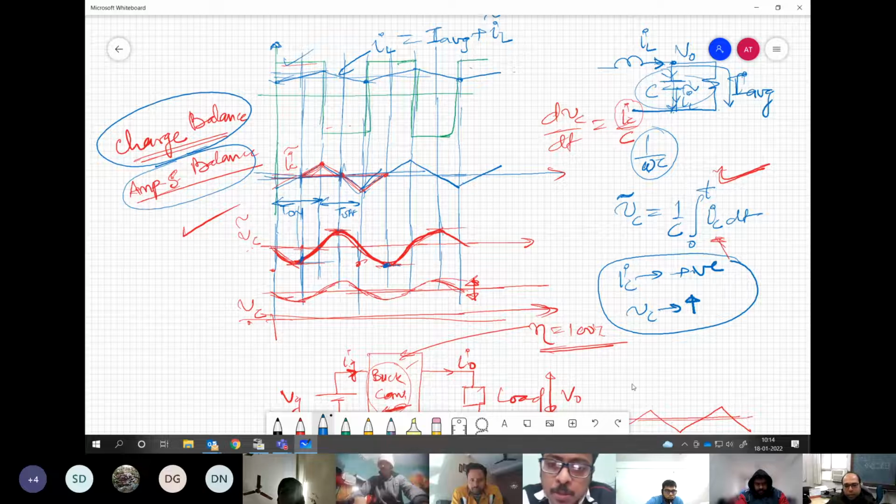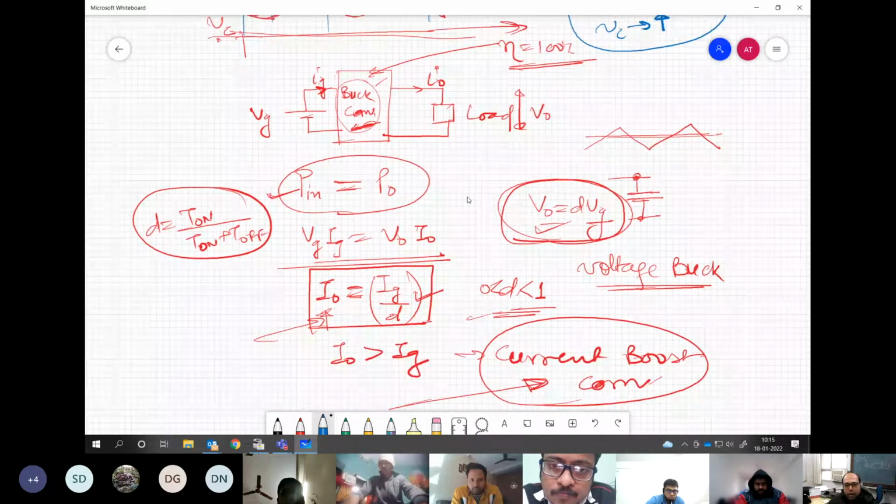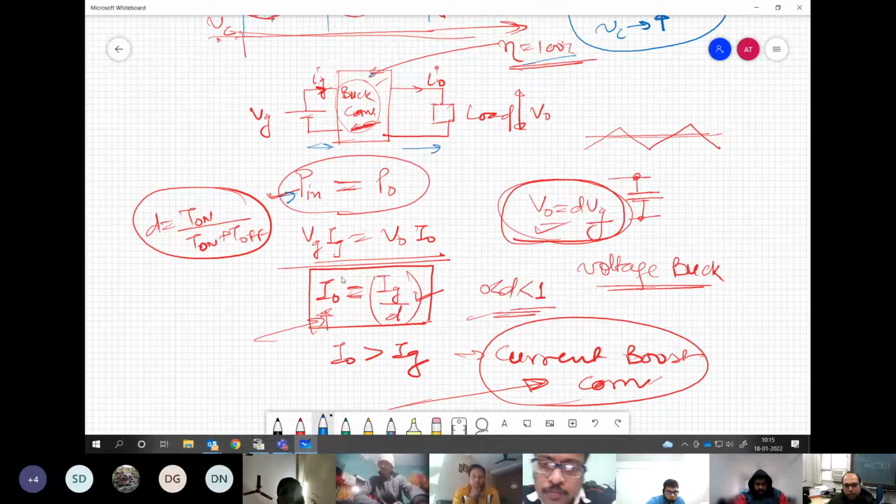Now, because we say that the buck converter, whatever we have realized over here, does not dissipate any power, which means the efficiency is nearly 100%. So whatever power is flowing into the system is going out to the load. So then we have a very clear-cut relationship between the input voltage current and output voltage current.